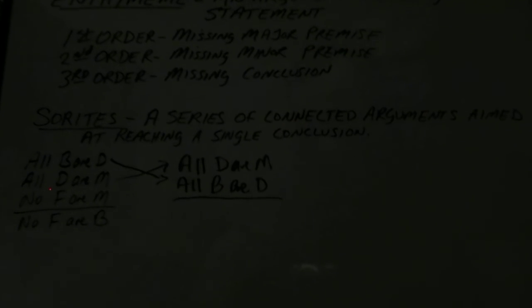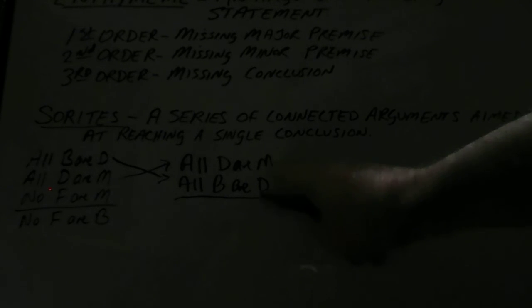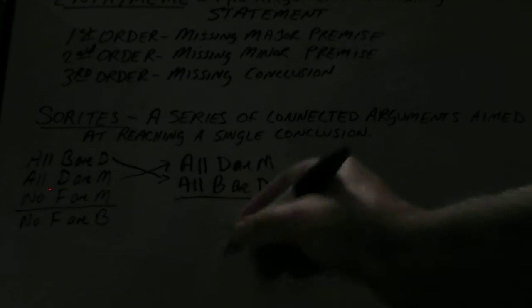And this conclusion, this is basically a third order enthymeme because the conclusion has not been stated yet. It's there, as we learned before. It's already contained within the premises, so you're not adding anything new to the argument, but you're making it manifest. You're making it available for us to use.